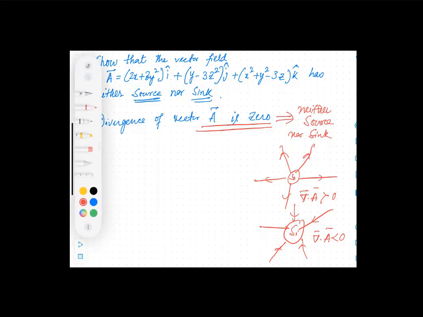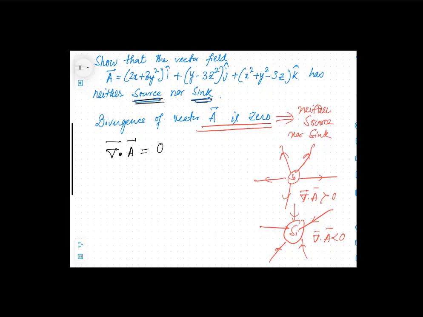So in this case, when they say this neither source nor sink, which means I have to prove the divergence of this vector is equal to 0. So how do I do it? Divergence of this vector to be 0.